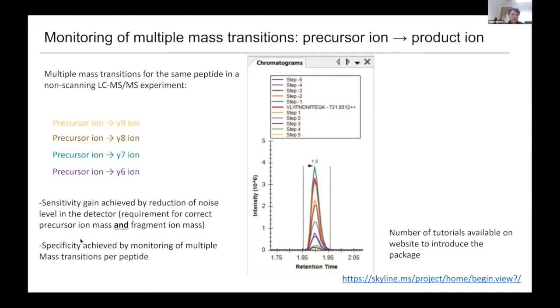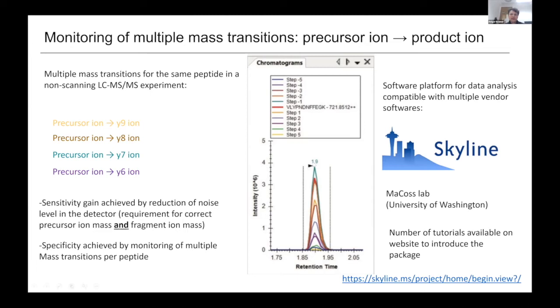We can perform this by selecting these specific mass transitions, and the approach has been termed multiple reaction monitoring, or MRM. In the end, we'll use specialized software such as the Skyline software from the MacCoss lab to extract all of this data and quantify across the whole set of samples.